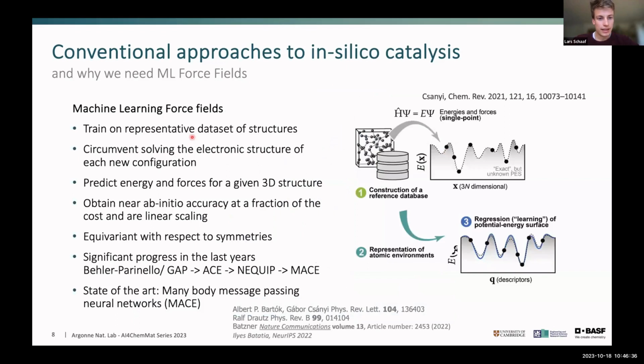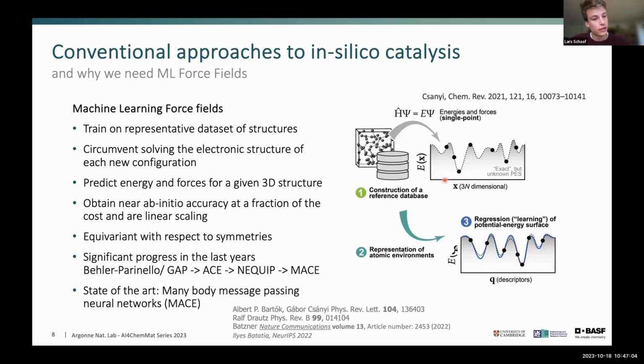And so the idea is that you train on a representative set of structures with energies and forces on the nuclei, and you now train a machine learning force field. So you've got this energy landscape in position space, and you train a machine learning method to predict energy and forces on your atoms, given their position in 3D space.